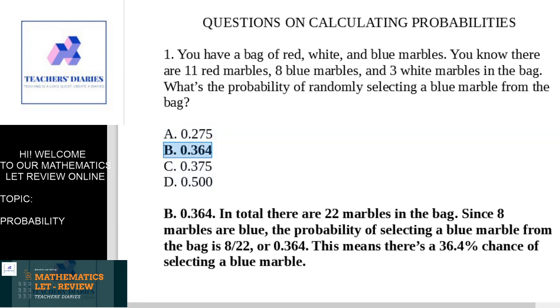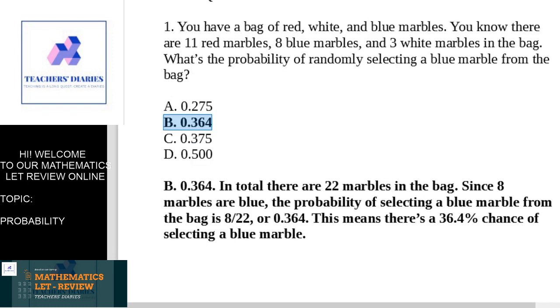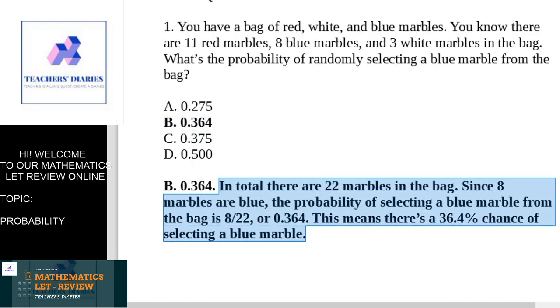It's 0.364 because in total there are 22 marbles in the bag. Since 8 marbles are blue, the probability of selecting a blue marble from the bag is 8 over 22 or 0.364 if we try to make it into decimal form.